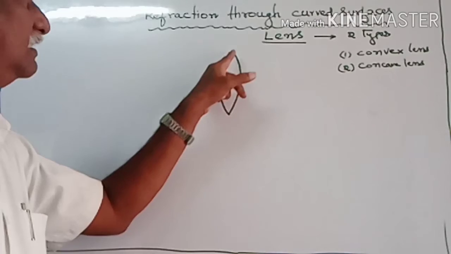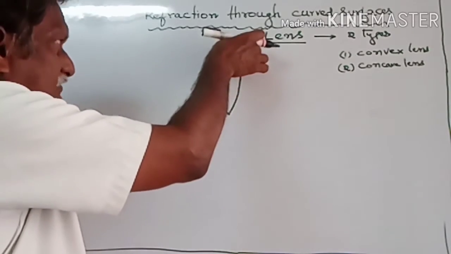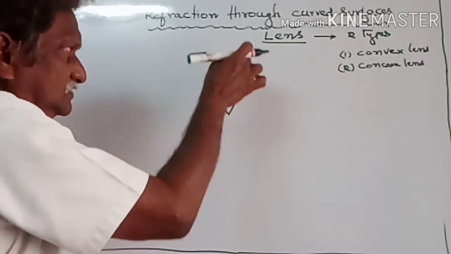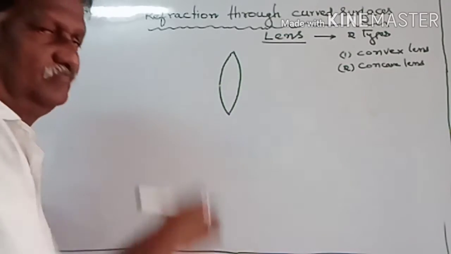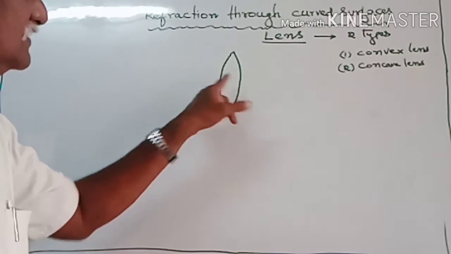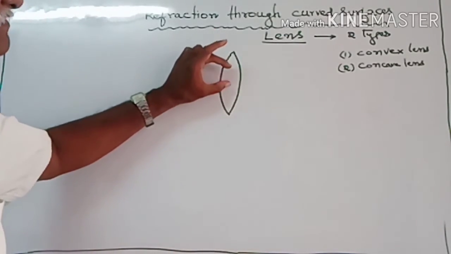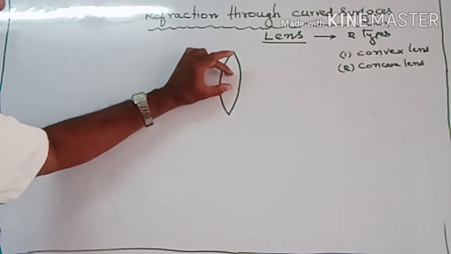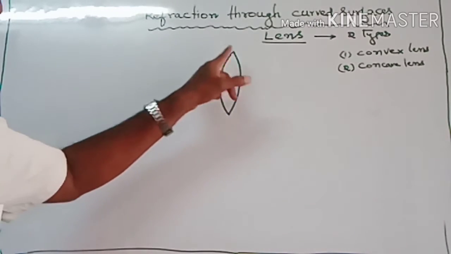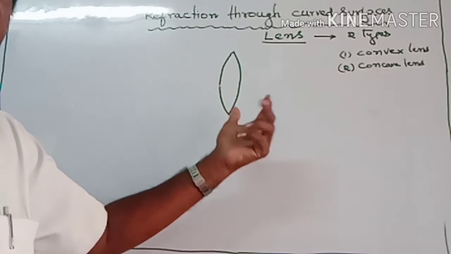This is one convex surface, and this is another convex surface. In between two convex surfaces, one medium is bounded. That is called a convex lens. It is also called a biconvex lens.